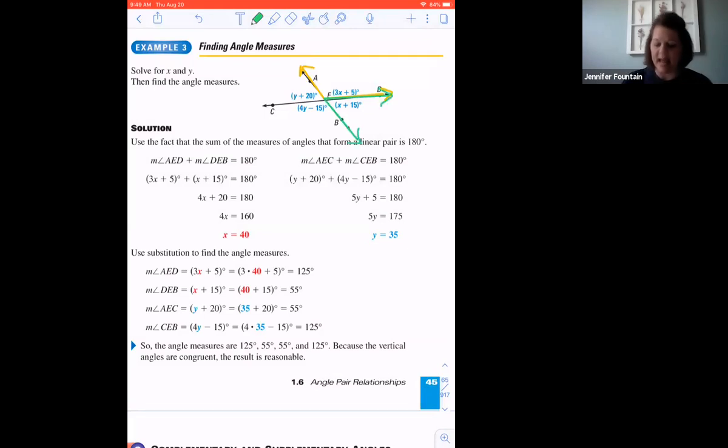We know that when we add these two together, they equal 180 degrees because they make a straight line. So that means I can set 3x plus 5 plus x plus 15 equals 180 degrees.